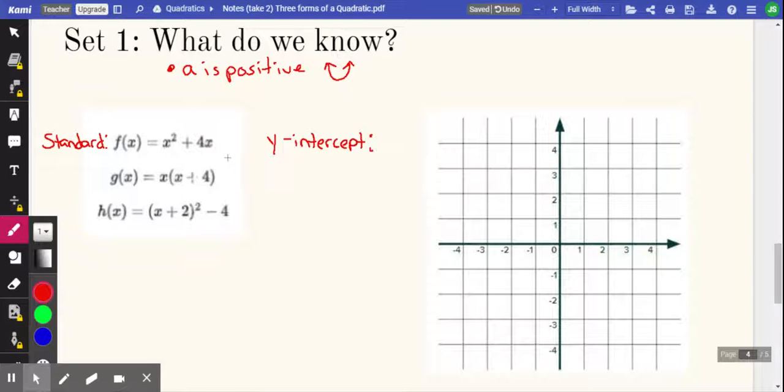So our y-intercept on an equation that's in standard form is always the constant term. It's what gets added or subtracted after the x's. So for this one, there's no number there. So we have to remember that when there's no number written in, there's really a +0 there. So that's telling us that our y-intercept is going to be at the point 0, 0.